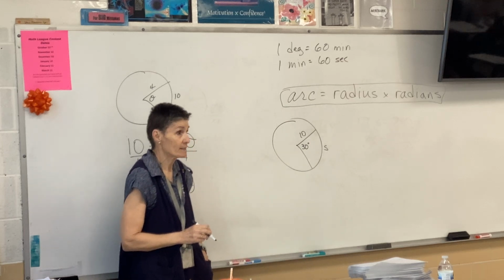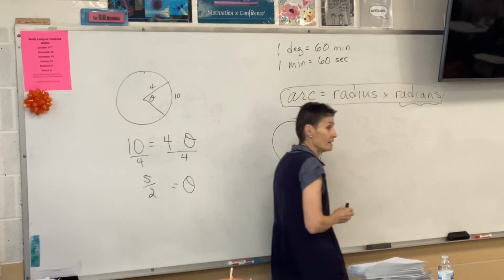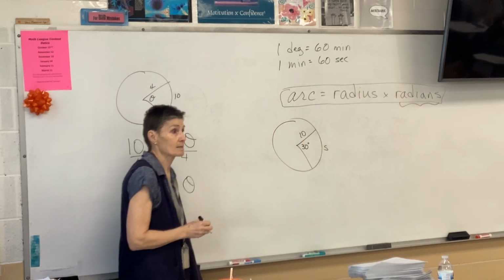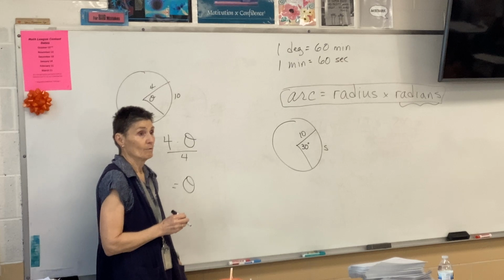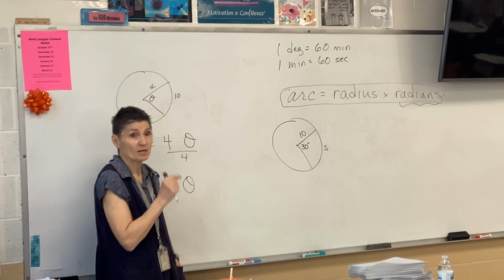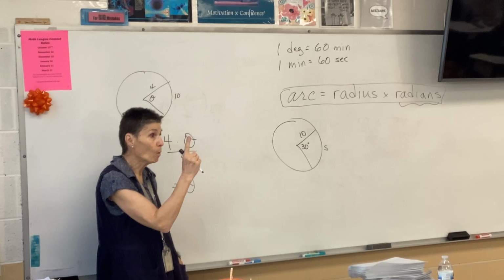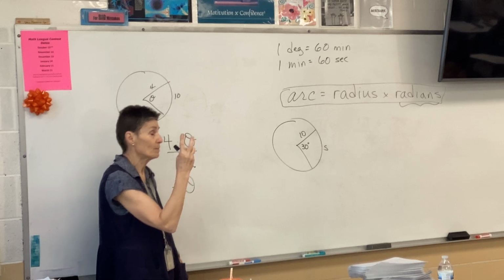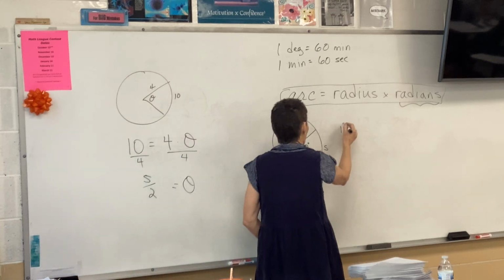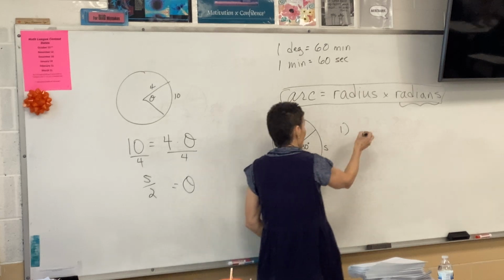The angle's in degrees. And in order to use the formula, the angle must be in radians. Remember the very first thing we did today? Yeah. We changed degrees into radians. So this is going to be a two-step problem. Step one, we have to change 30 into radians.